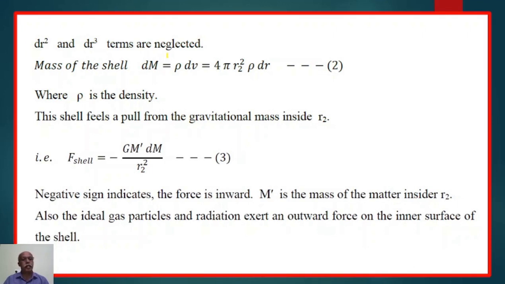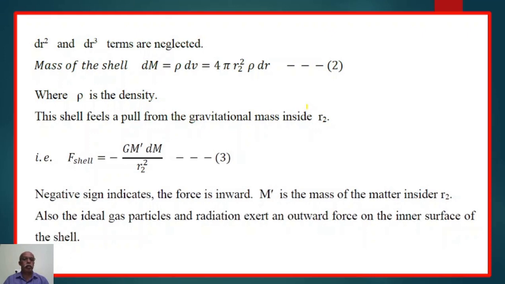The mass of that shell is dm, which is equal to rho dV, which is equal to 4 pi R2 square rho dr. Rho is the density of the material of the star, and this shell feels a pull from the gravitational mass inside R2.